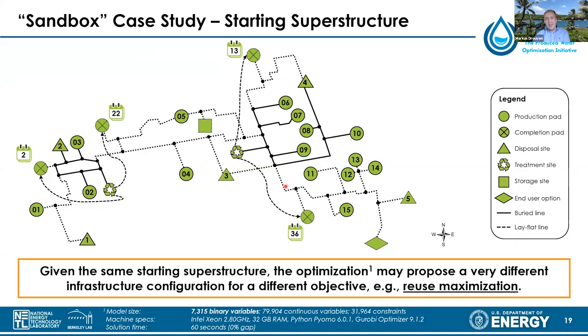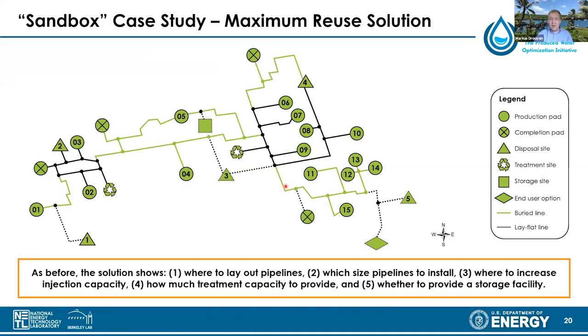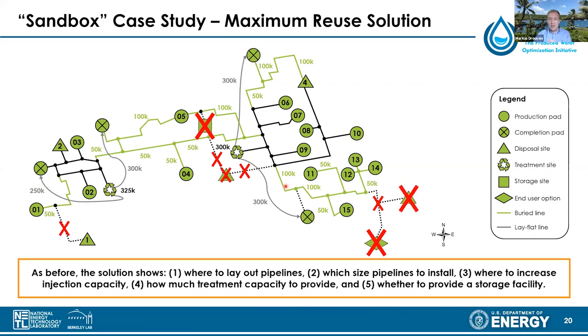And so 60 seconds later, Pareto will give us, again, very specific insights into what that could look like. It'll propose where we should build pipelines, how big to make them, where not to invest in assets, how much treatment capacity to provide, and how to connect that to reuse opportunities in the area.